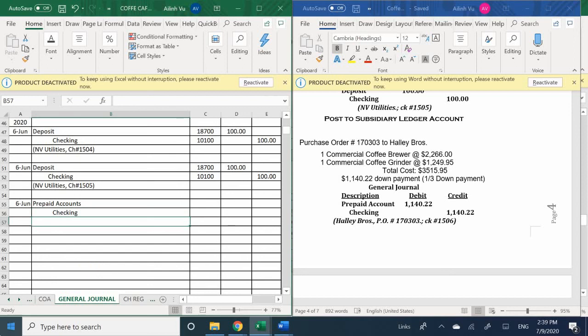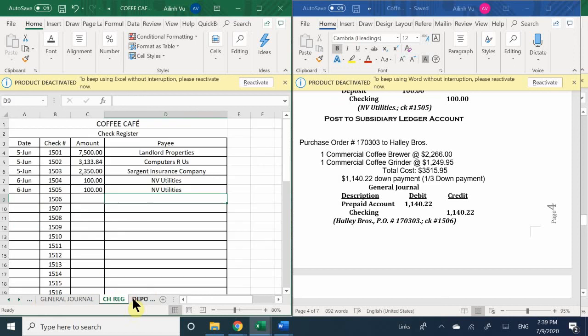So I need to go into my check register. And I need to indicate which number I am. So I am 1506 on 6-6. And it's going to be for $1,140.22. Okay? And that check is sent out to Haley Bros.